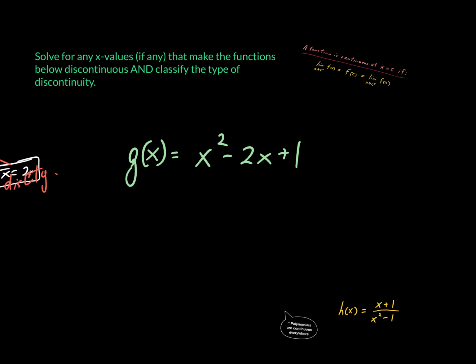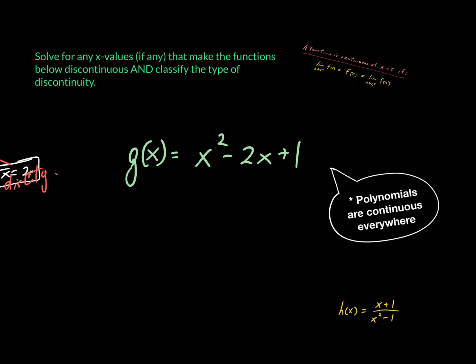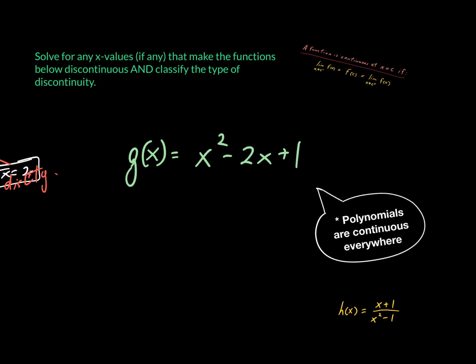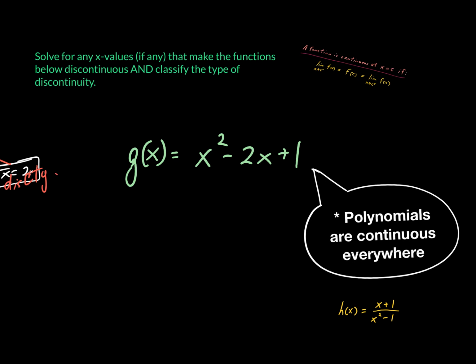This right here is a polynomial, and I want you to memorize this because we're going to use this fact in the next topic, the intermediate value theorem. Polynomials are continuous everywhere. If you think about why, the simple fact is there's nothing in the denominator that's ever going to make it undefined. You can plug in any x value forever and get an answer.